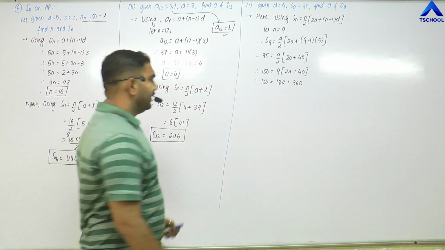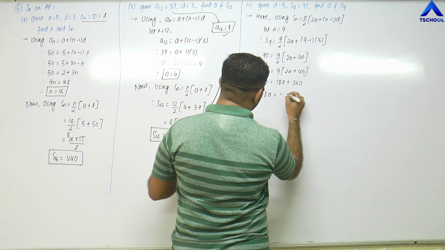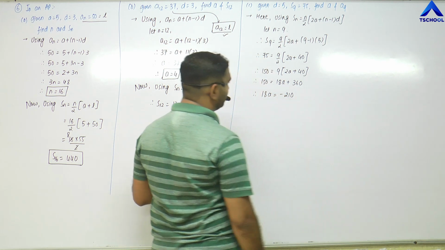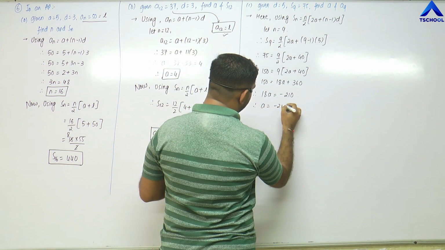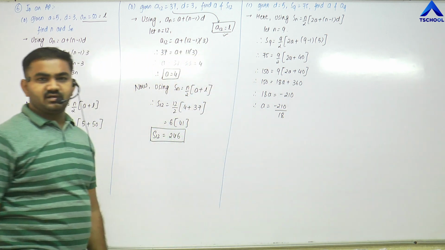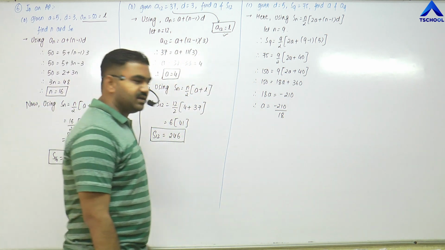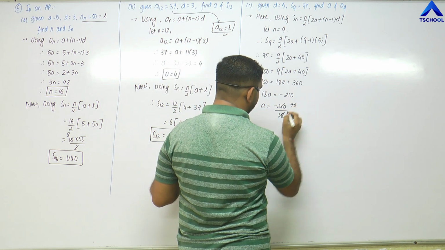Is it clear? Therefore, 18a is equal to minus 210, and hence a equals minus 210 upon 18. Can you cancel this out by 9? No, by 3. Yes, 3 can be cancelled out. So let us cancel out 6 and 70.